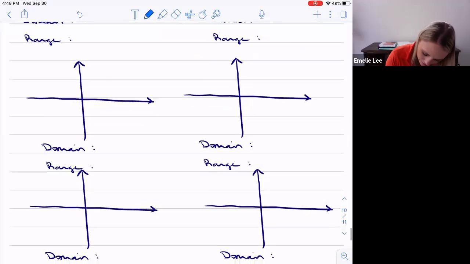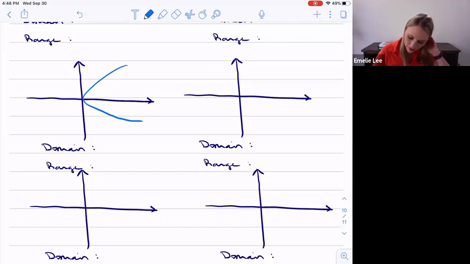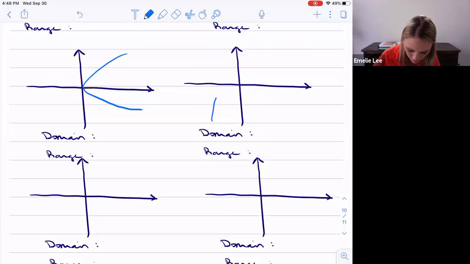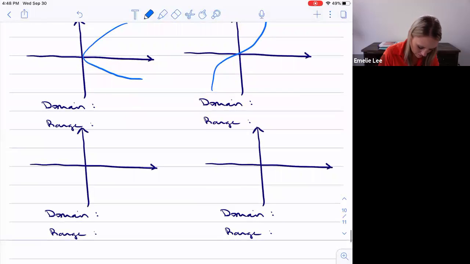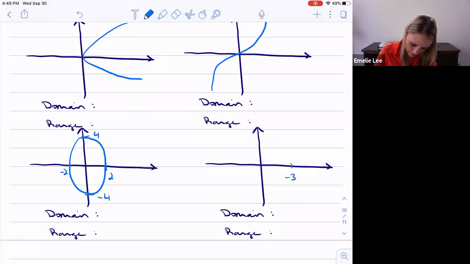This one is going to look like a parabola, but the other way. Let's do this one like this.